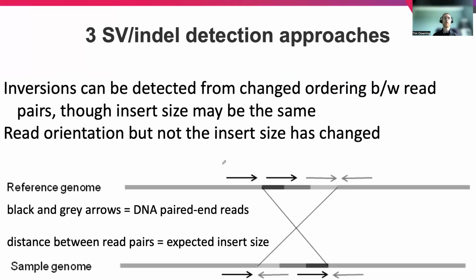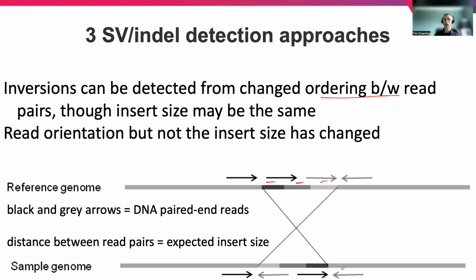So you kind of see that here. So we get the ordering between read pairs can be changed depending on the insert size. In this case, the reference has these different color regions: dark gray, medium gray, light gray. We see the reads associated with these mapped to the reference genome, and the sample genome has this inverted region.